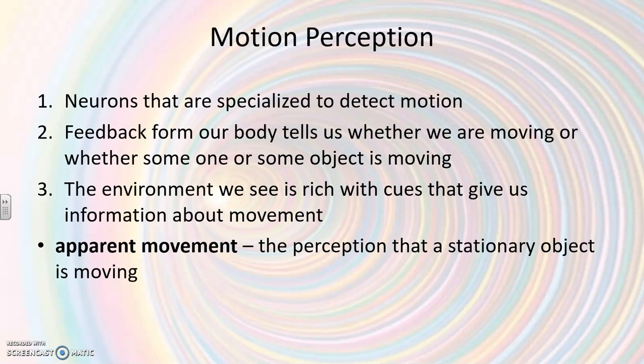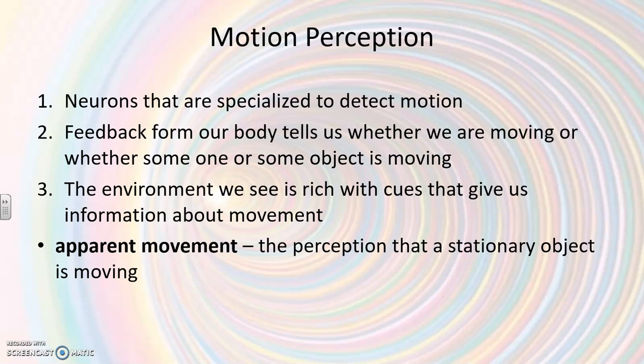And motion perception, this is one of the fun ones with sensation and perception. First, we have to use neurons that are specialized to detect motion. So feedback forms in our body and tells us whether we are moving or whether something else is moving.